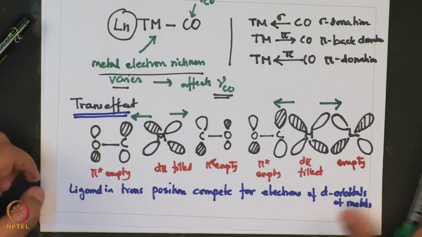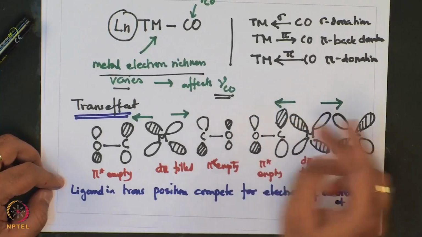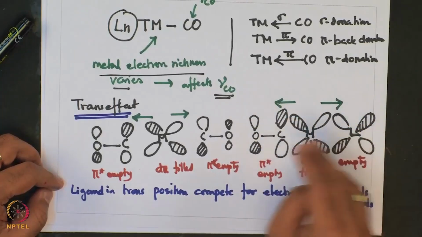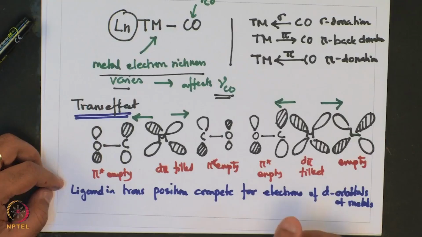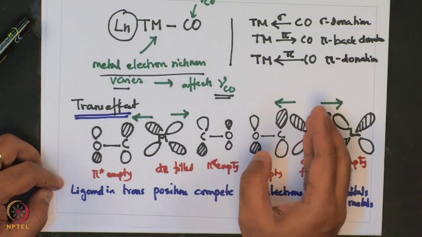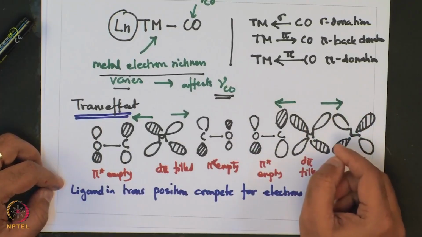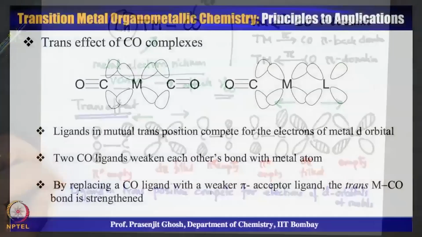Because of the competition, one ligand would try to weaken the trans ligand in terms of bond strength, because it does so by sucking away all the electron density onto itself. As a result, back donation would not happen at the trans ligand and thereby it becomes weakened.